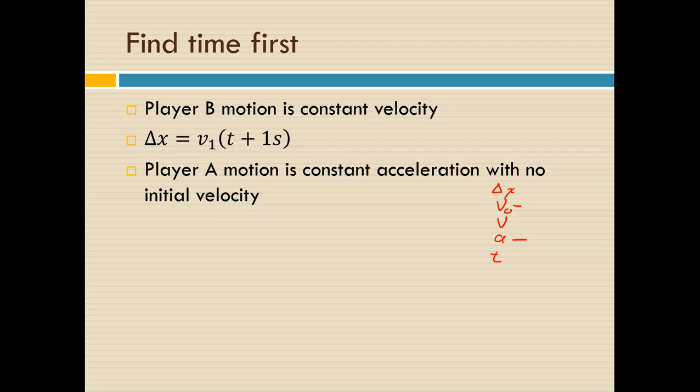So let's make a distance equation which has time. The distance equation for constant acceleration is delta x equals v0t plus 1/2 at squared. Or in this case, delta x is equal to 1/2 at squared, since the initial velocity was 0.